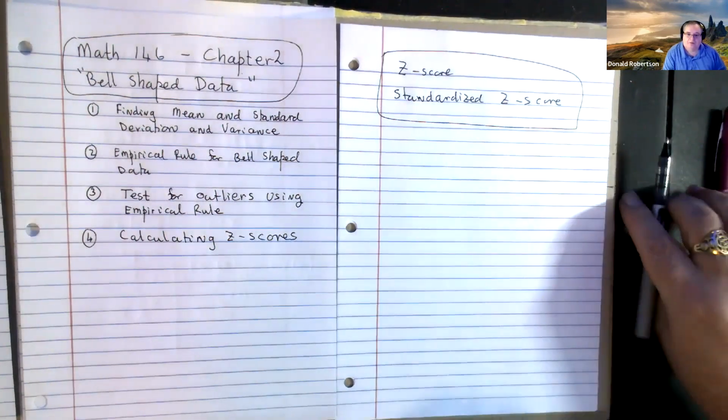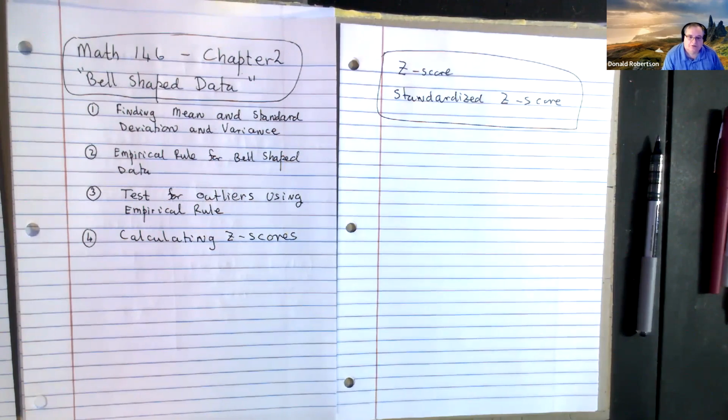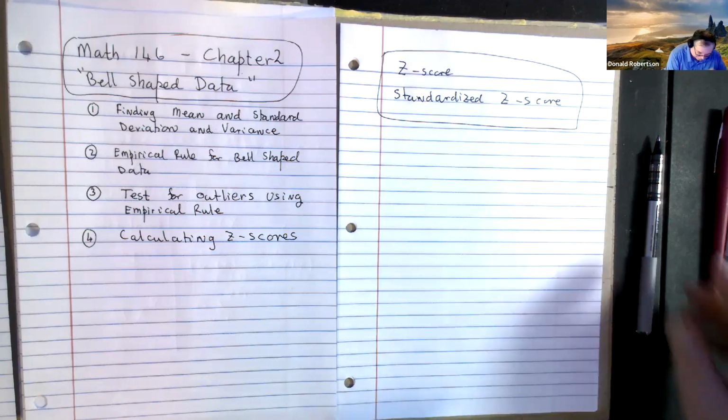Now, if any of you ever in the future do an SAT test, or some kind of standardized test, and the word standardized is in its name, it's almost invariably going to be using Z-scores as part of the process. So why do we need this standardized Z-score, or Z-score for short?